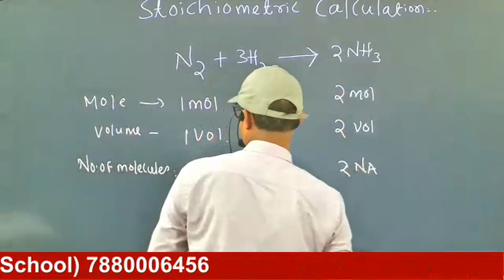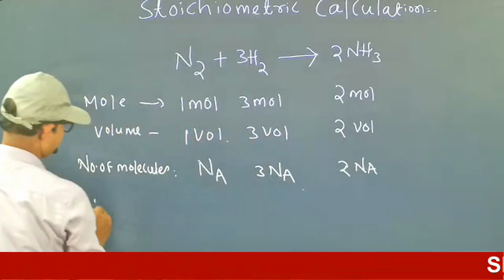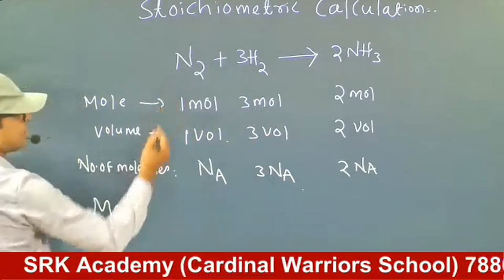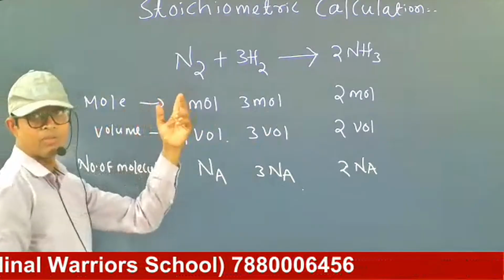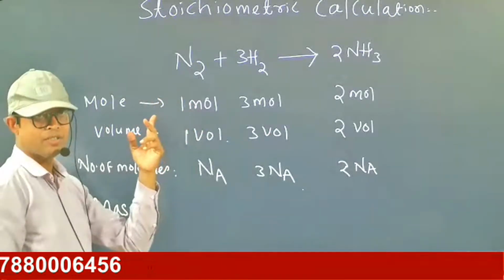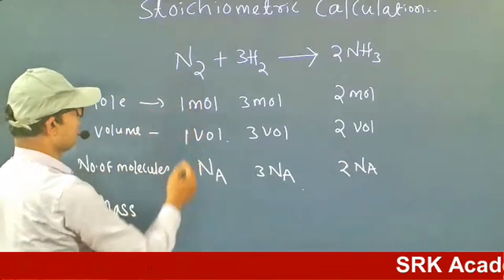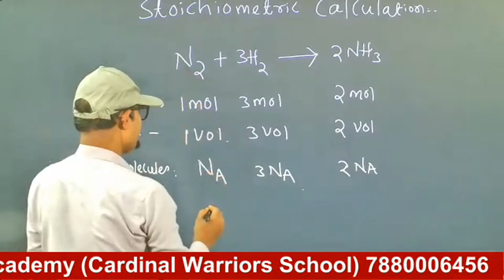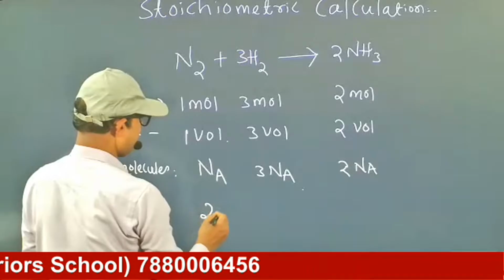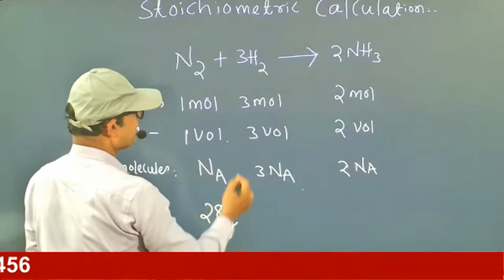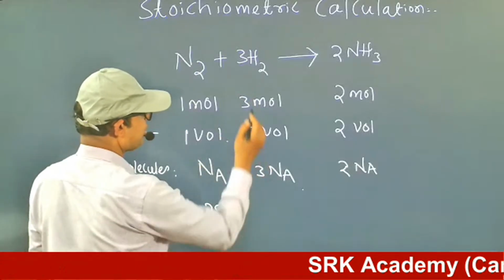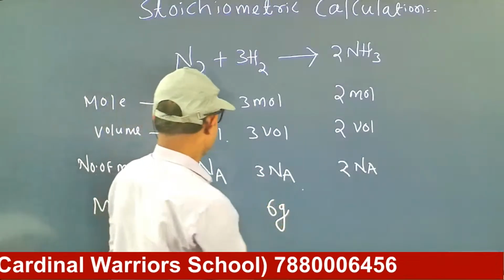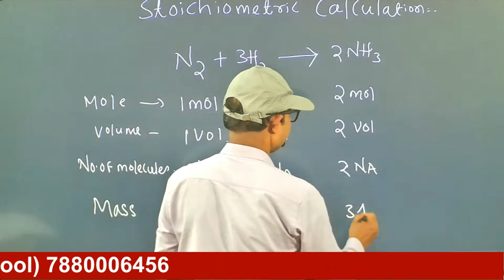In terms of mass, the molecular mass of nitrogen is 28, 2 into 14, 28. So 1 mole of nitrogen weighs 28 gram. Here 3 into 2 becomes 6 gram. And here it is 34 gram.